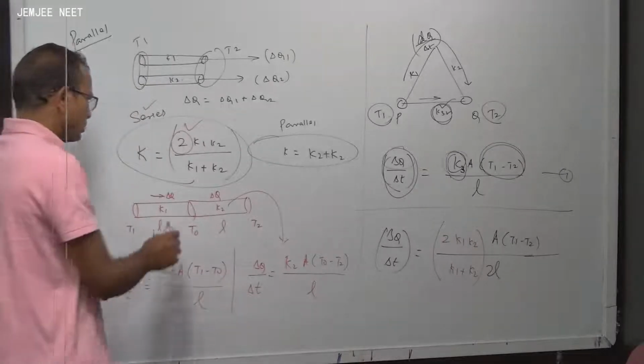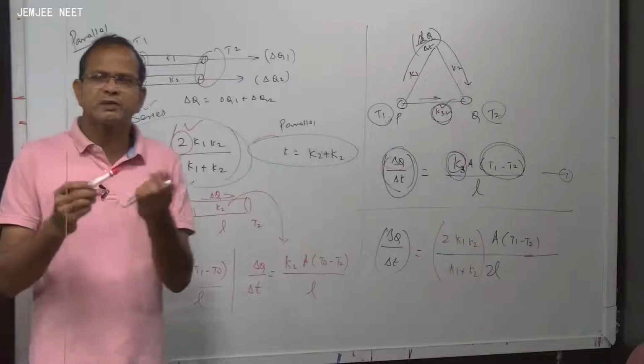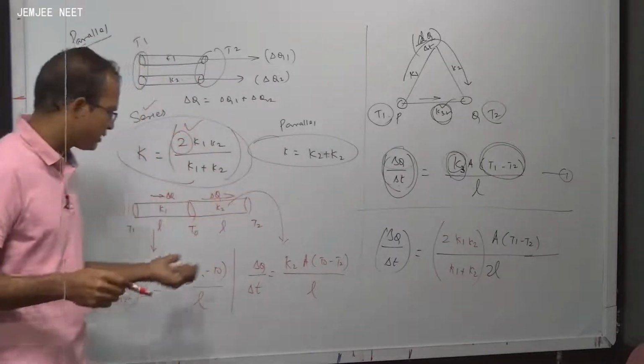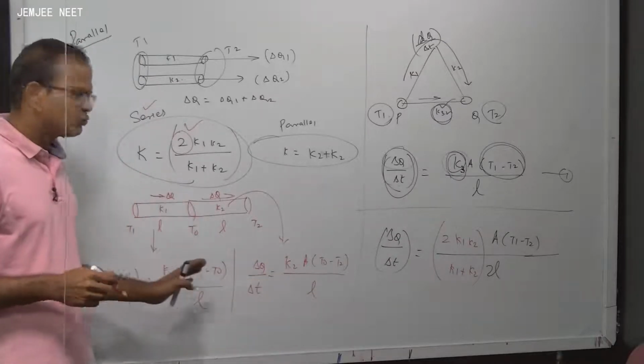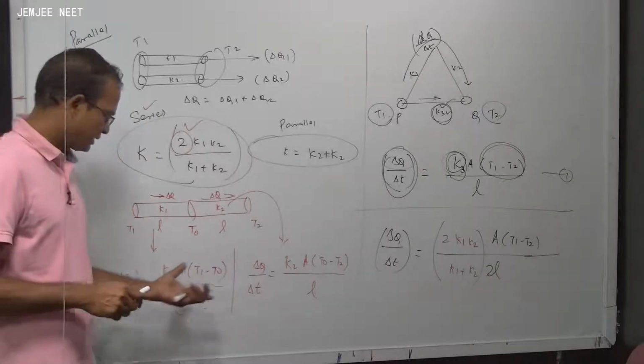Yes, because it's a series combination, the same heat has to flow. In the given wire, if two resistors are connected in series, the same current has to flow, same heat. So these two are equal. First equate these two, find T naught.